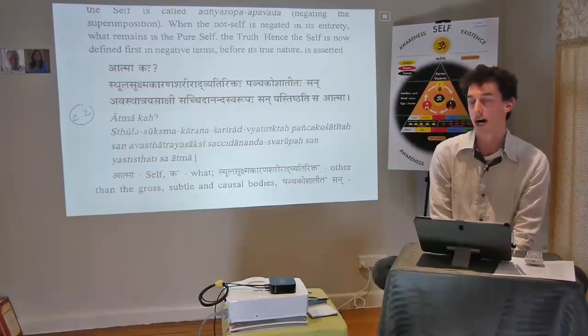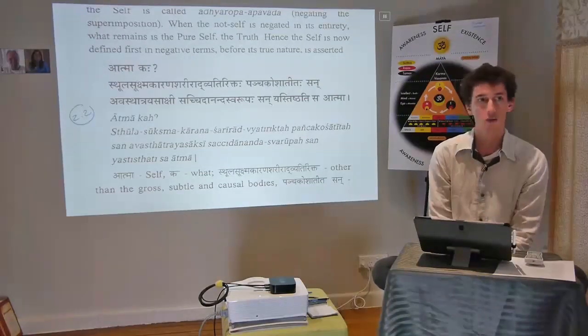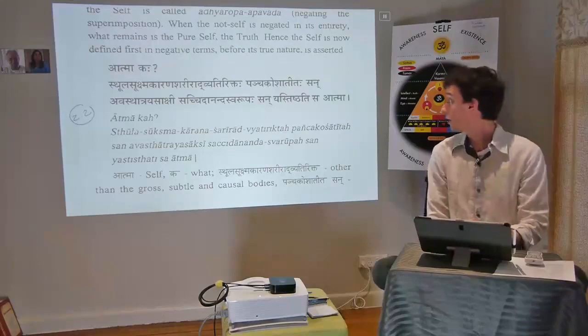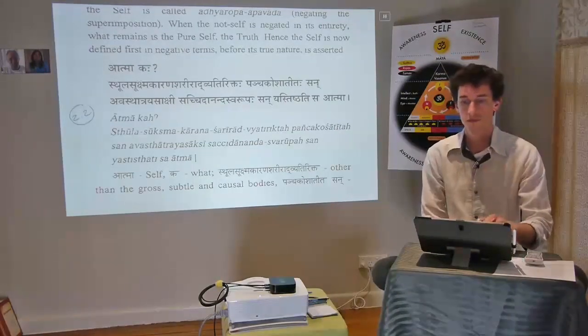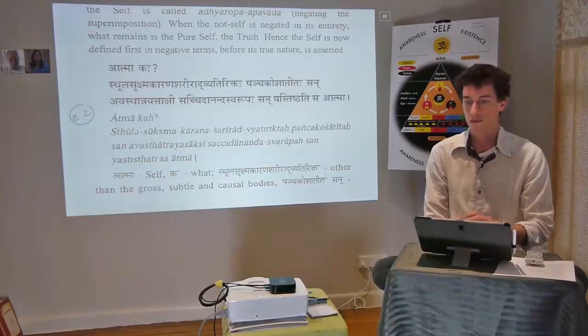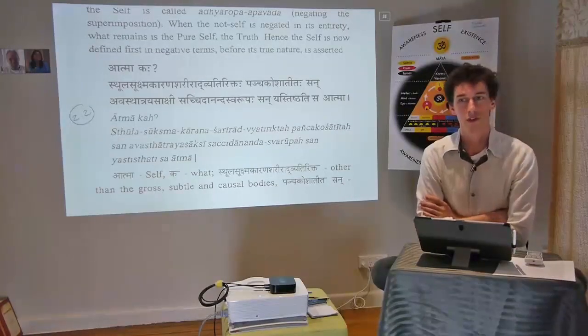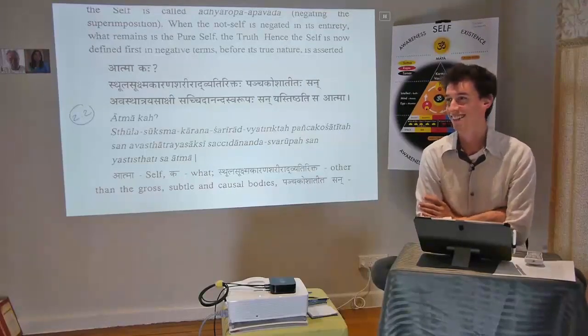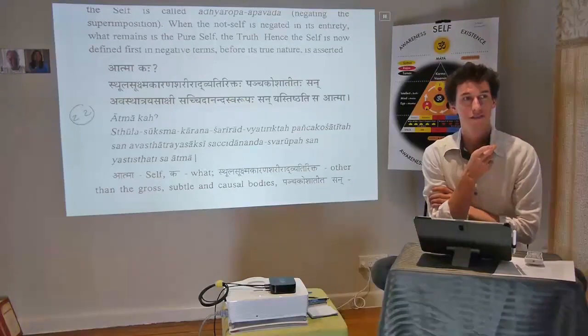The other way to look at these three bodies is through the pancha kosha. So now we're going to say pancha kosha. Okay, does anyone have a handbag? Lift it up. Okay, that is a kosha.